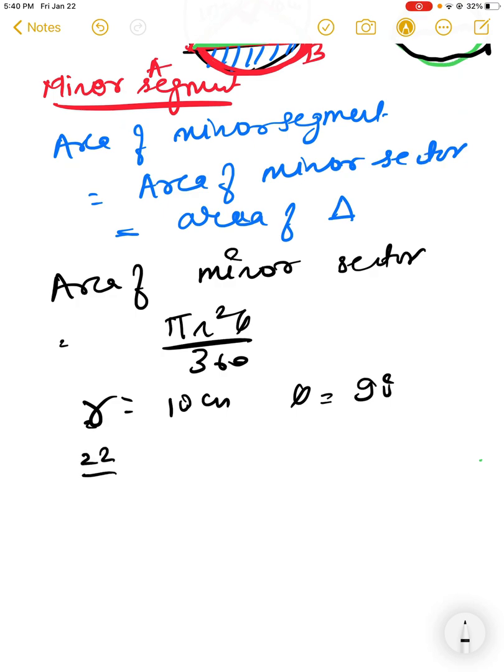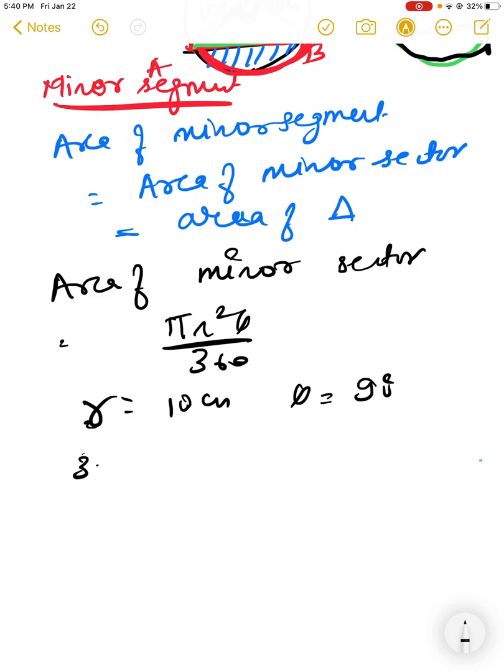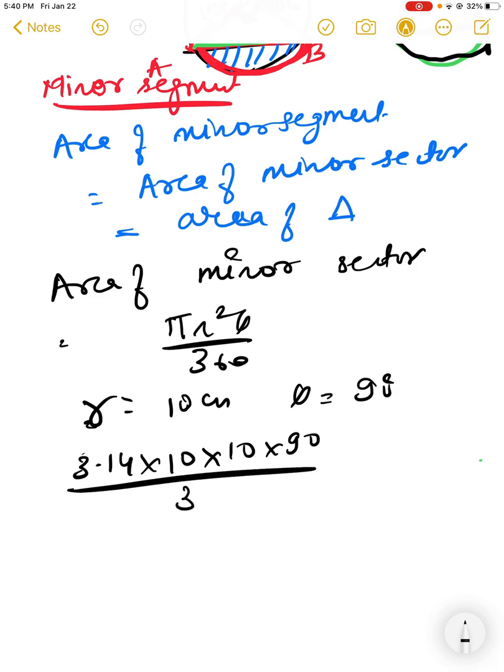Here it is given that we have to take pi's value as 3.14. So, 3.14 into 10 into 10 into 90 upon 360.